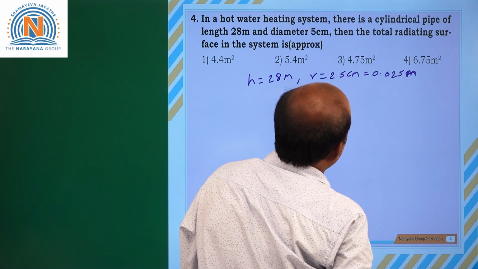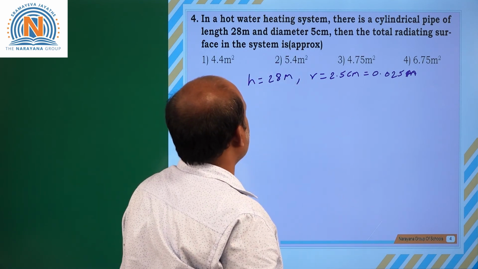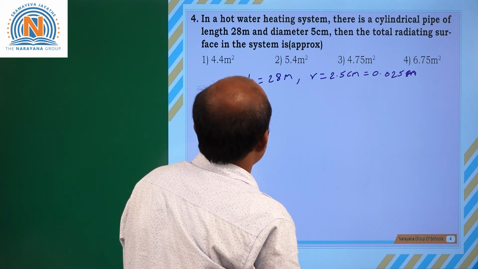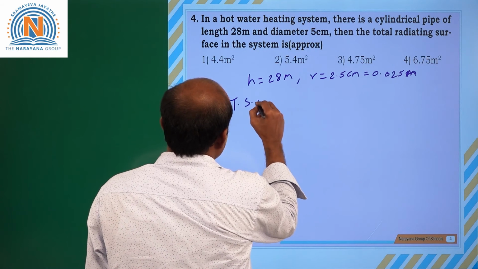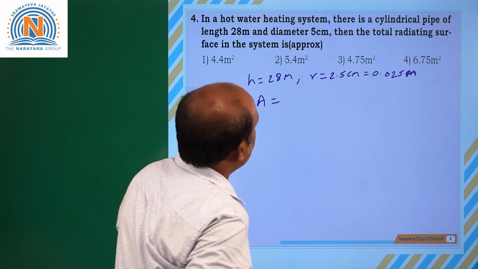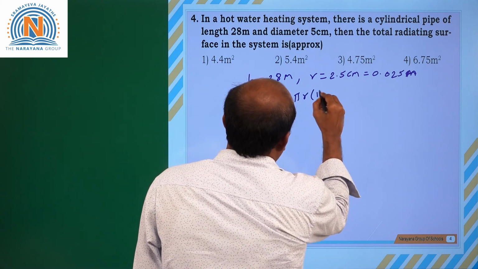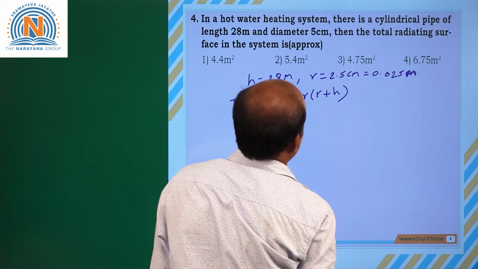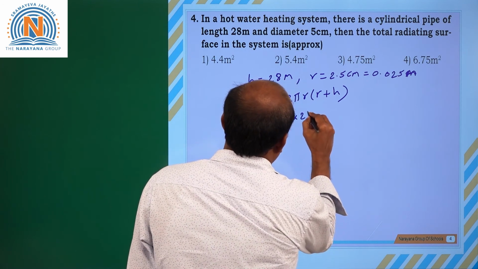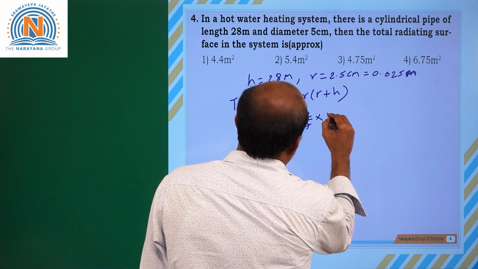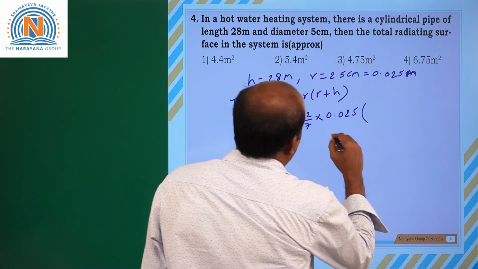Then the total radiating surface in the system is approximately, meaning we want to find the total surface area. The total surface area of that cylinder is equal to 2 pi r into r plus h. That is equal to 2 into 22 by 7 into r, which is 0.025, into r plus h.